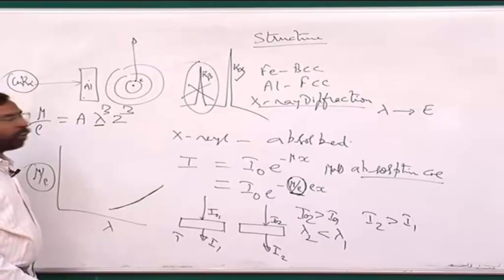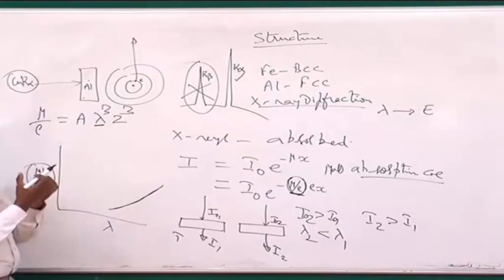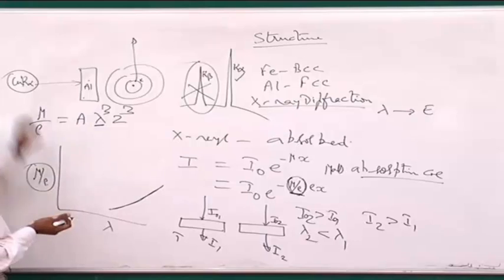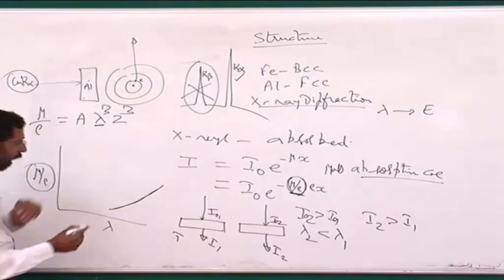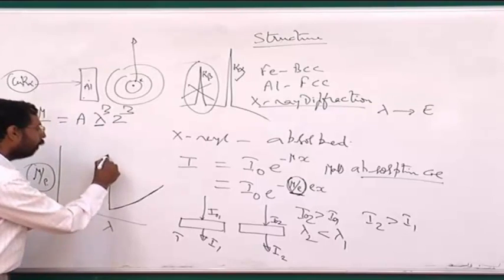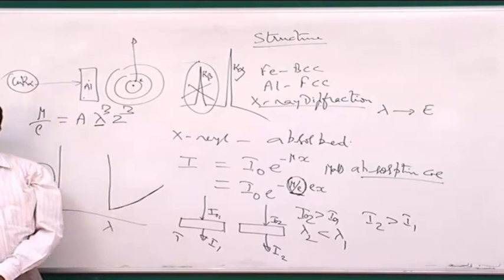And once the electron is knocked off, a lot of energy is absorbed, because all this energy is consumed to knock off this electron, and as a result the absorption coefficient suddenly increases.